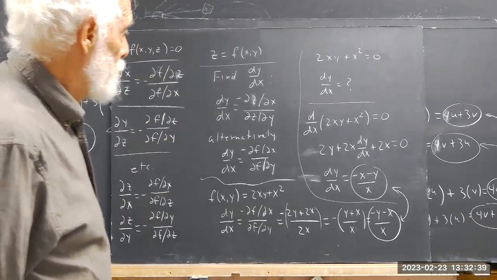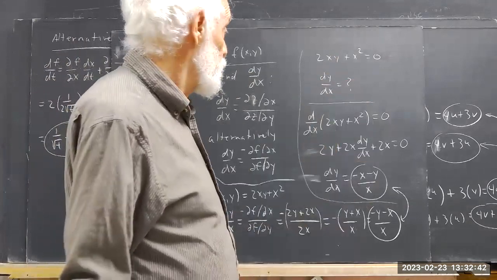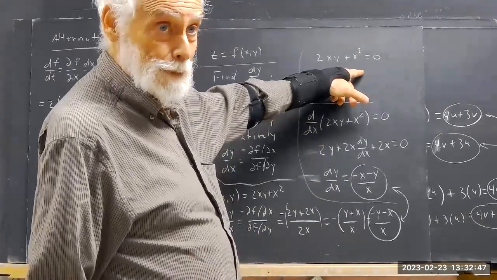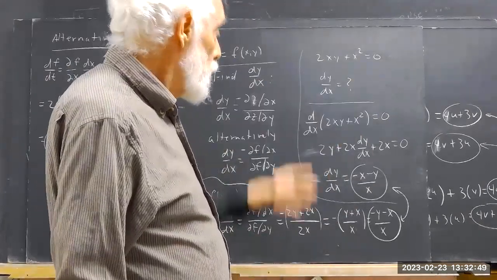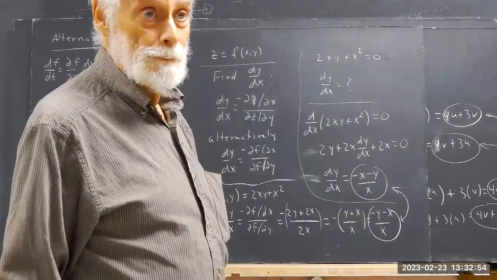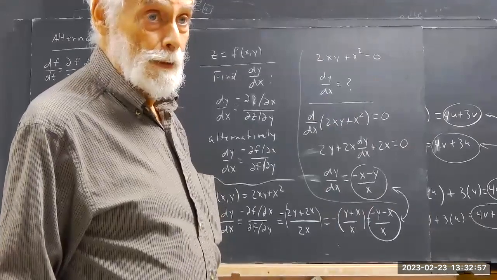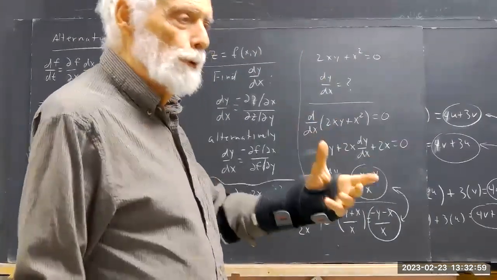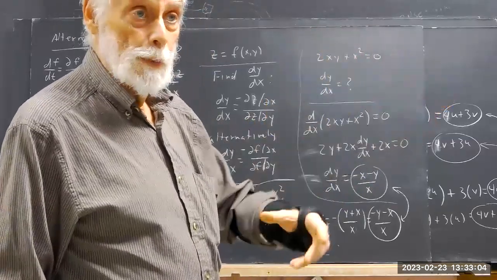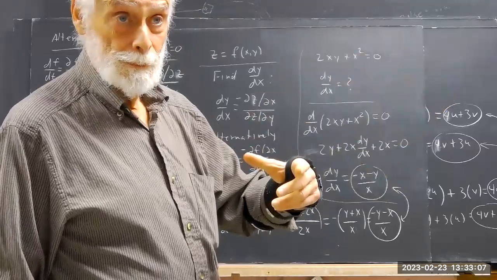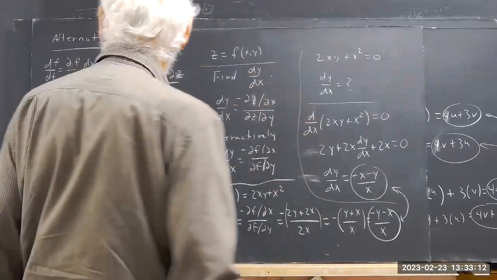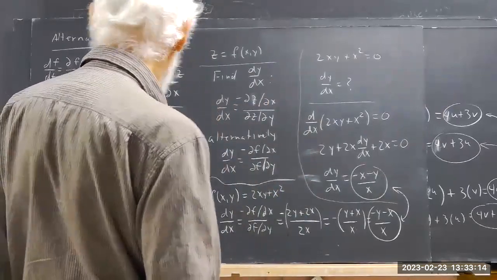Now, the example we did here, we could solve this equation for x. If we had an equation we can't solve for x, like put an e to the x in there somewhere, or put an e to the y in there, we couldn't then solve the equation for y in terms of x. But we can still do this. And we might as well do an example of that because we've got time.